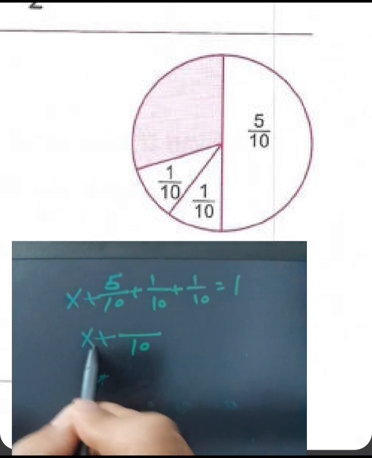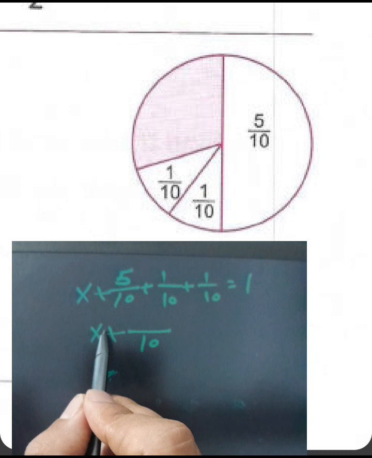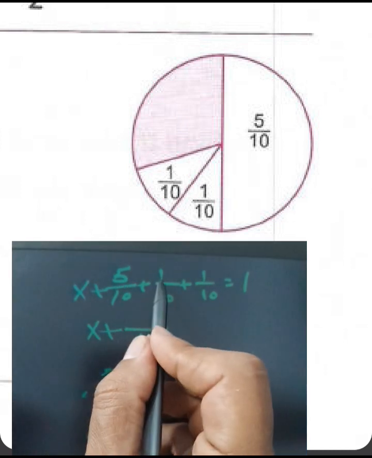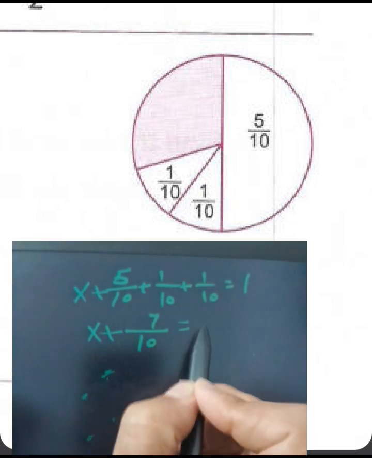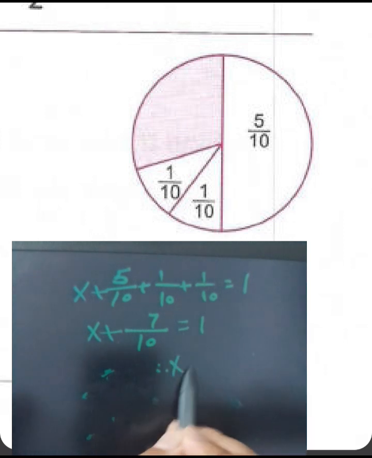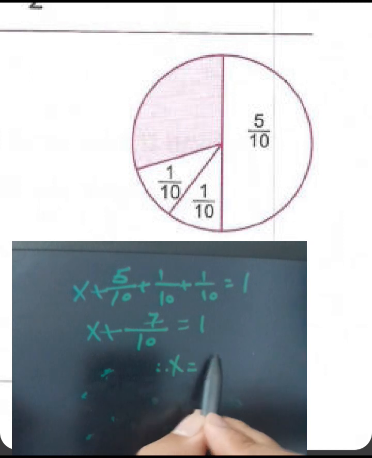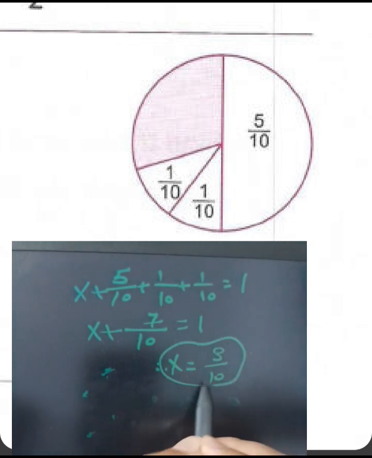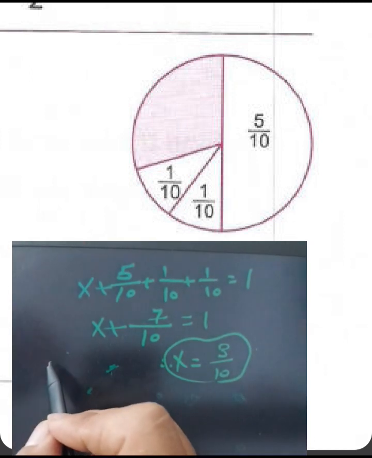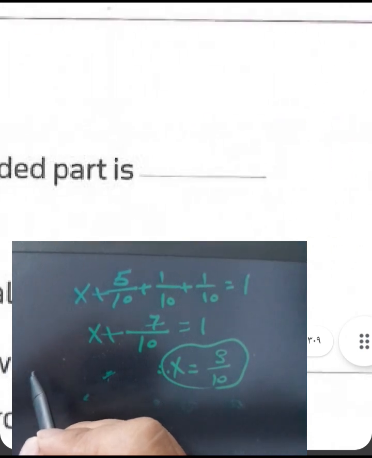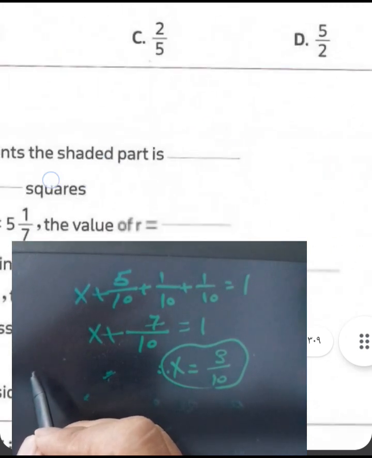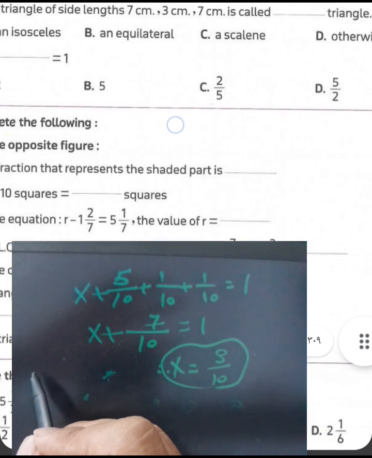The shaded part, I will put x here to represent the unshaded part. 5 plus 1 is 6, 6 plus 1 equals 7. 7 over 10 plus x equals 1. Then the value of x will be the difference between the two numbers: 1 subtract 7 over 10. It will be 3 over 10. Okay, then we must write 3 over 10 in this space, the fraction that represents the part.